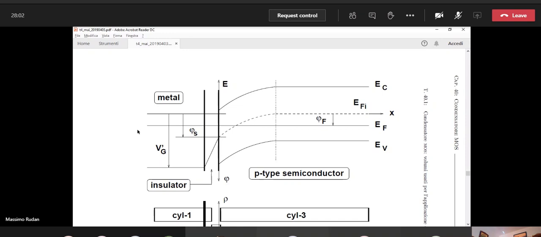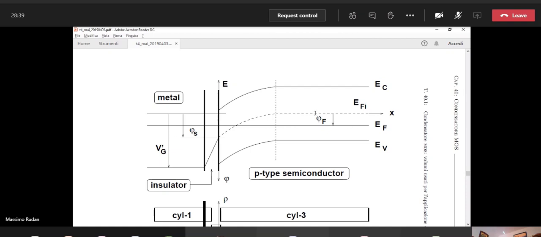It is convenient, when we study the MOS capacitor by itself, not as a component in a larger circuit, to set the zero of the electric potential asymptotically in the semiconductor, as we used to do in the PN junction or in the transistor. You remember, we always take the zero inside.